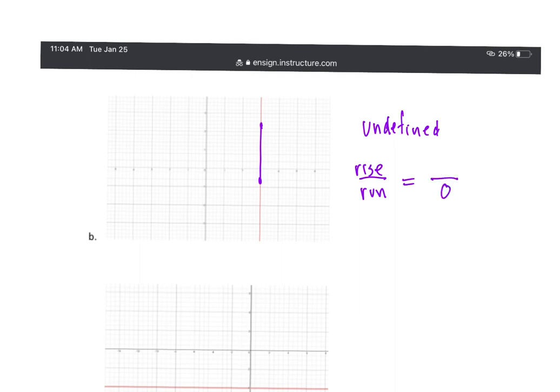And anything divided by 0 does not work out. So we just say the slope is undefined. And there we go. It is a vertical line, so that's important to know.